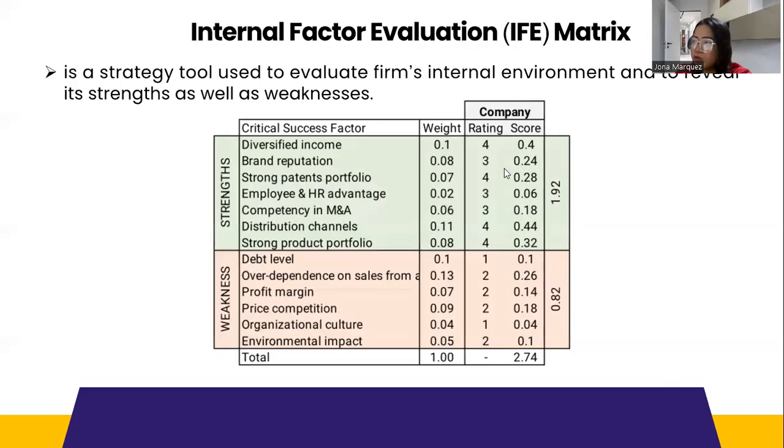Tapos, i-multiply mo yung rating sa weight, makukuha mo yung score. Pag nakuha mo yung score, pag pinag-overall plus mo yan, makikita mo kung mas mataas ba yung strength mo compared sa weakness. On the other hand, ma-identify mo din kung saan yung pinaka-strength ng company mo, at saka asan yung pinaka-weakness na pwede mo pang i-improve.